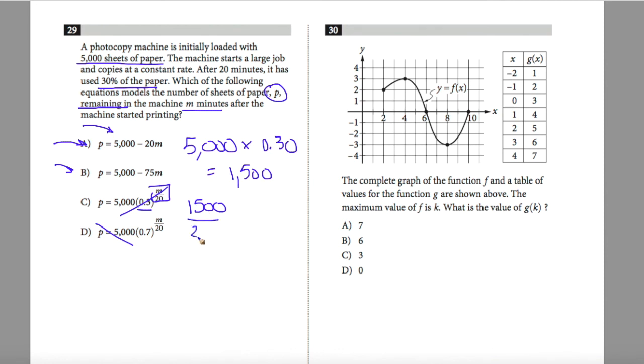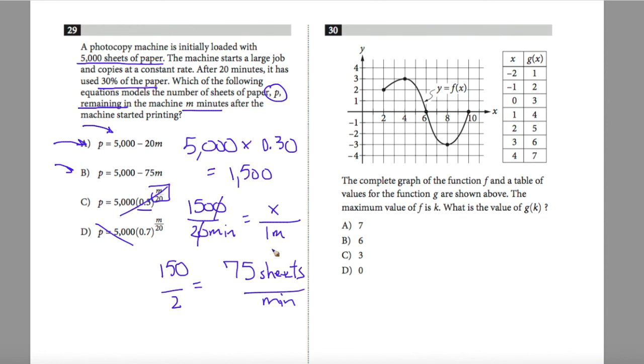This is 1,500 sheets per 20 minutes, and I want to know how many sheets per, let's say, 1 minute. Very quickly, I can start crossing out some zeros here, and I have 150 divided by 2, which is 75 sheets per 1 minute.